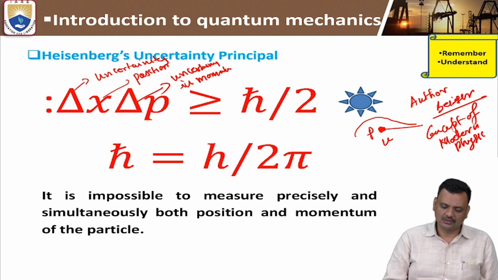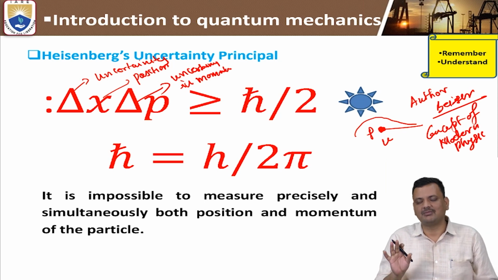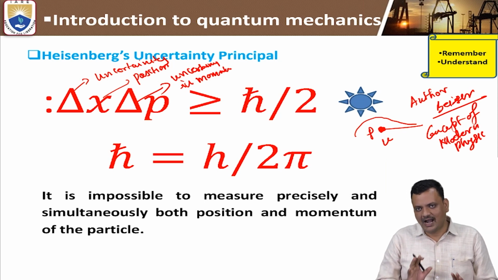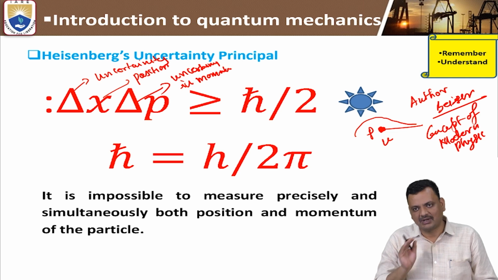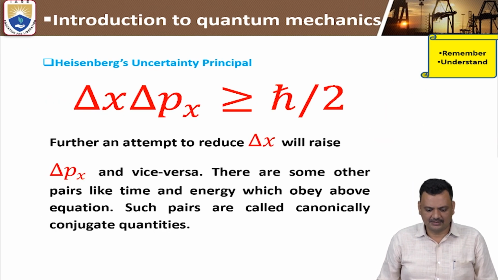So what does this relation tell? It is impossible to measure precisely and simultaneously both position and momentum of the particle. You can't measure precisely and simultaneously the position and momentum of any particle.